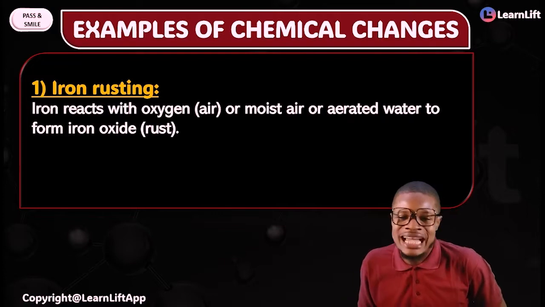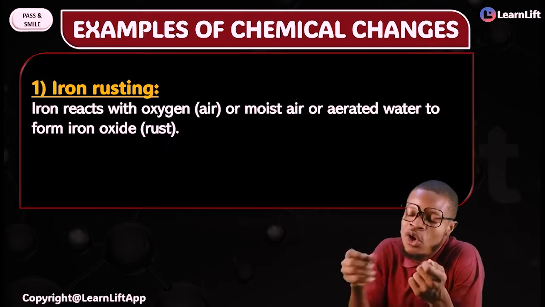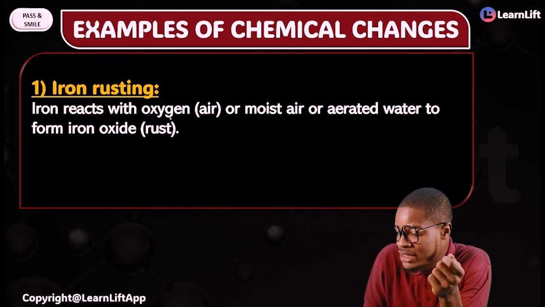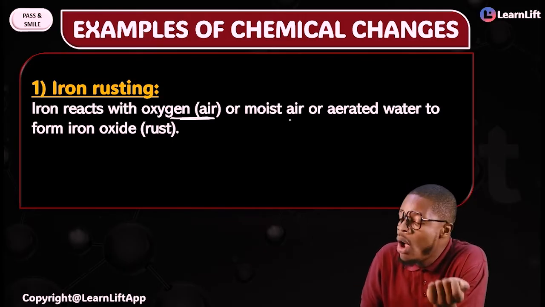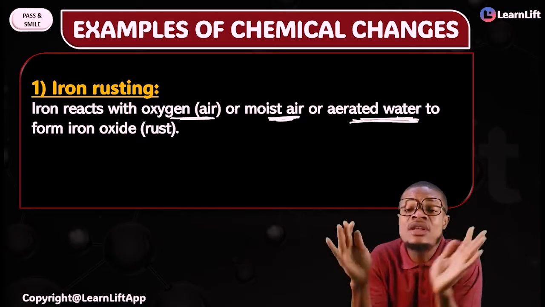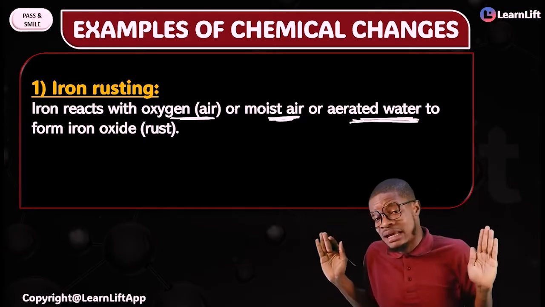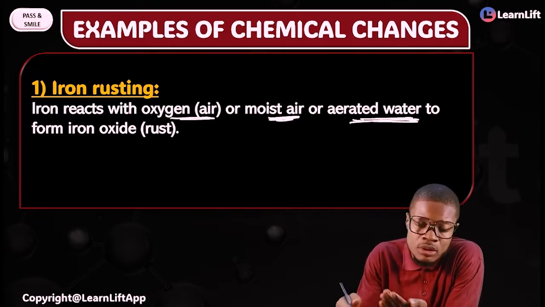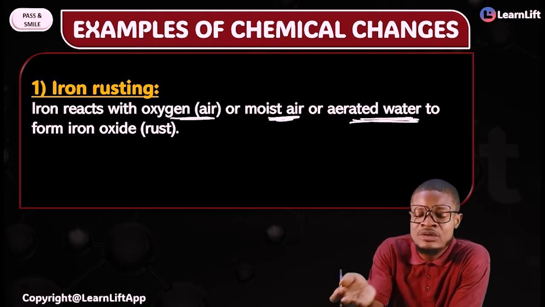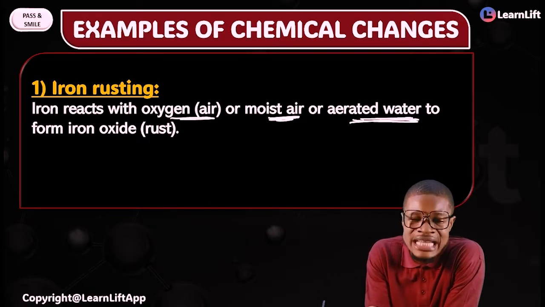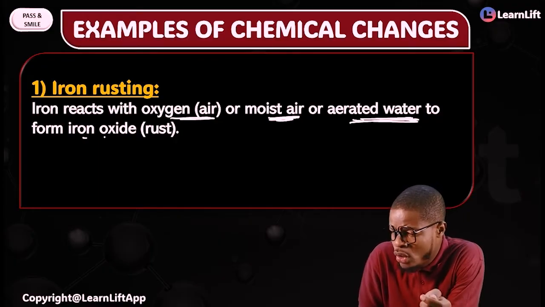First, you must note that iron reacts with oxygen or air. Iron has the capacity to react with oxygen, which is air, or moist air or aerated water. Any of these is the answer. So in iron rusting, iron, being a metal, has the ability to react with air or moist air or aerated water to form iron oxide.